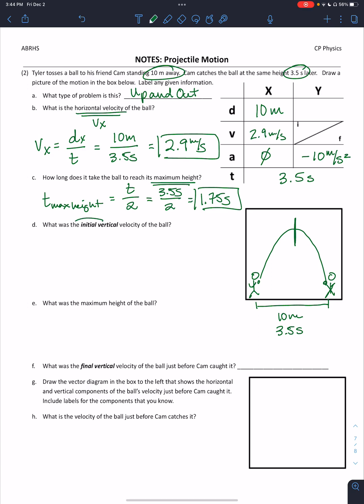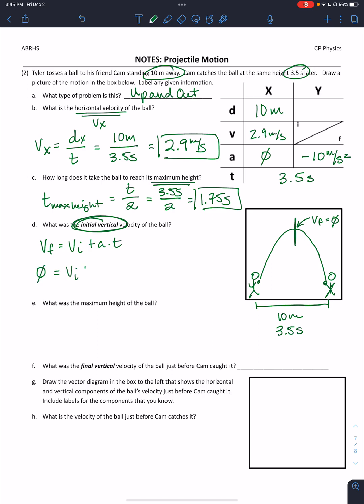What was the initial vertical velocity of the ball? Again, at maximum height, I know that V final is 0. So if I know the time, V final, and acceleration, I can solve for V initial. I'm going to use my V final formula and plug in 0 for V final.